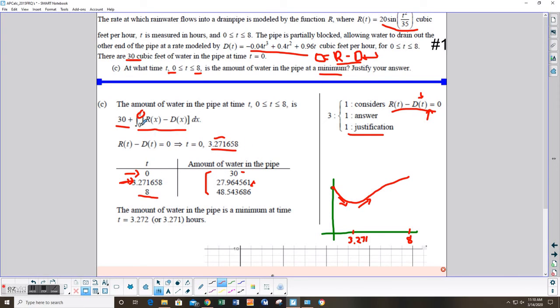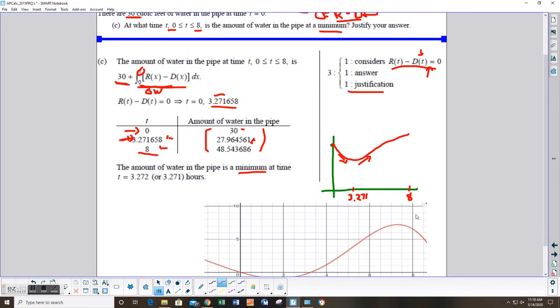So if it goes 0 to 8, this amount indicates your change in water. The starting amount is 30, plus whatever answer this is for ending at 3.27, and then redoing it with ending at 8. That gives you your total amount, and then the minimum, of course, is the smallest of these 3 answers. Best to do this via the candidate test.